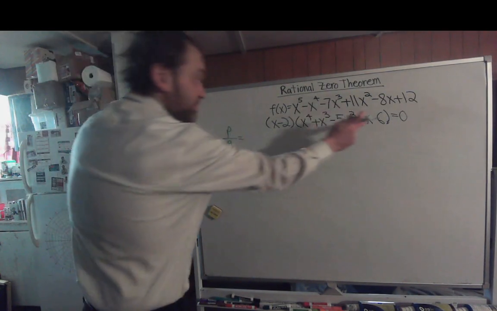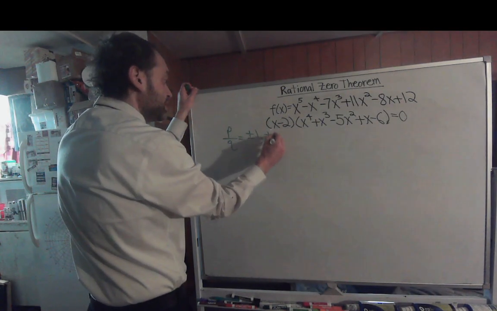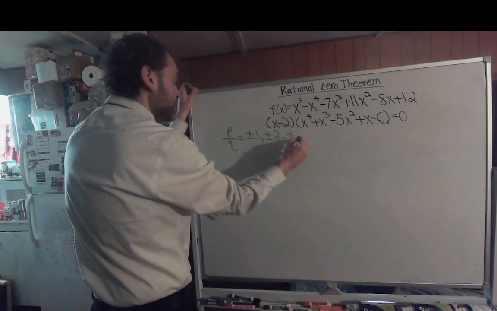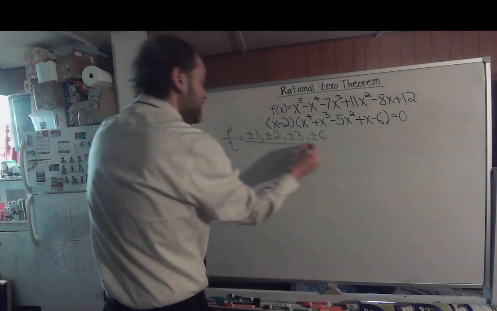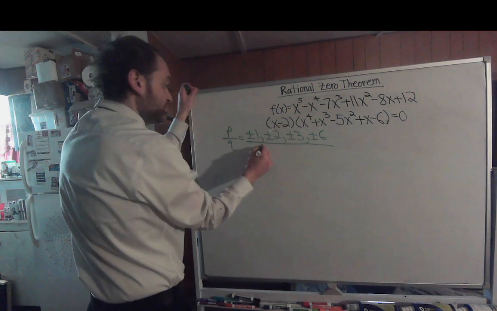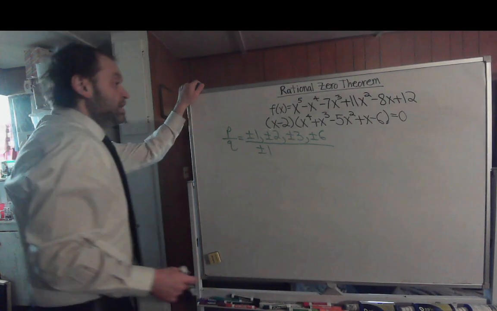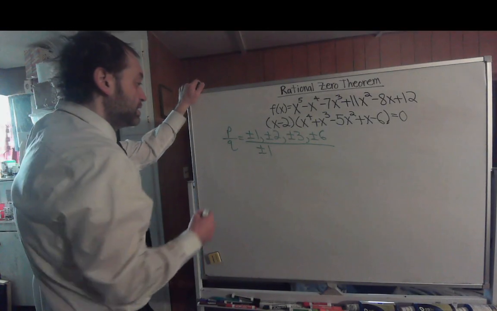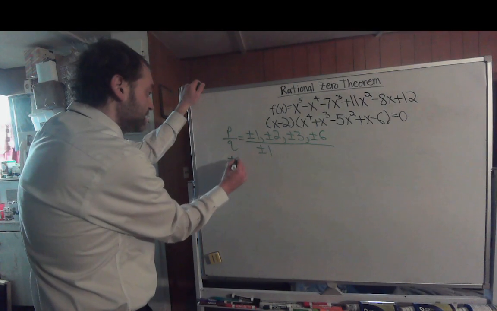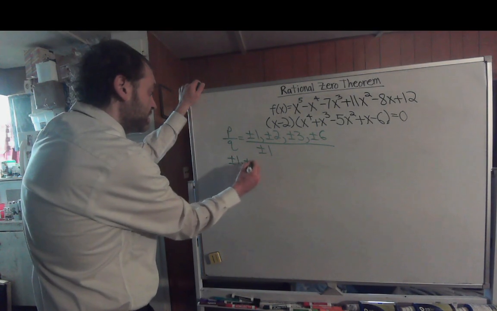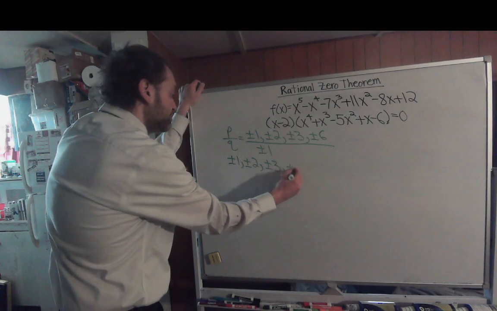Well, factors of -6, you have plus and minus 1, plus and minus 2, plus and minus 3, and then plus and minus 6. Over the factors of your leading coefficient, which would just be plus and minus 1. Now, that means your possible rational zeros are plus and minus 1, plus and minus 2, plus and minus 3, and then plus and minus 6.